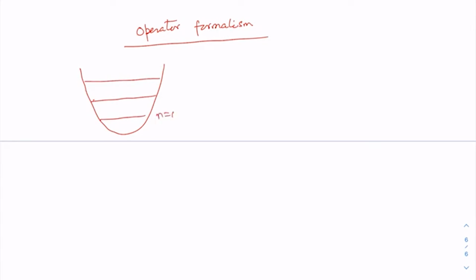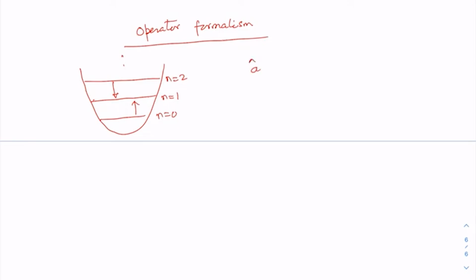Say, these operators may take us from the ground state to the excited state, or we may go from the excited state to another lower state, and so on. So these operators are called creation and annihilation operators.